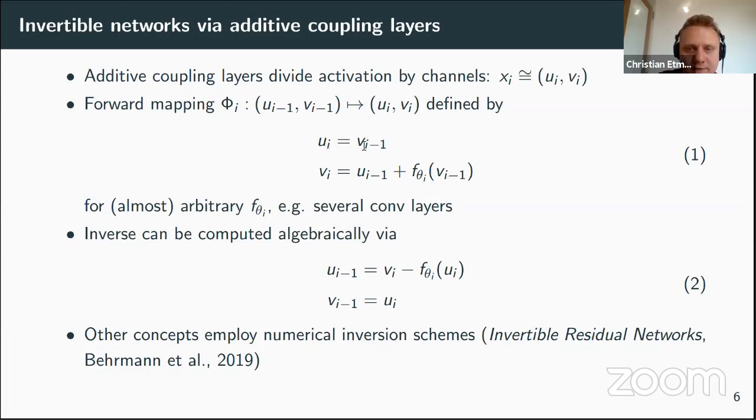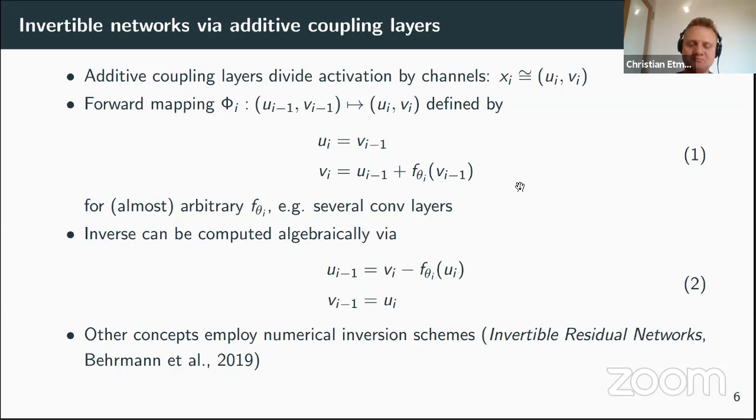So u_i is v_{i-1}, and v_i is equal to u_{i-1} plus some function of v_{i-1}. So f_theta_i here is some arbitrary function, which might be several convolutional layers plus ReLU activations, for example. But what's interesting here is that this formula is actually algebraically invertible.